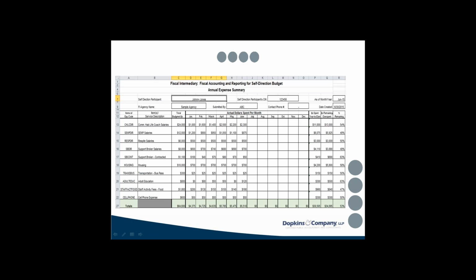Transbus is on line number 19 there, transportation bus pass. The total amount budgeted and allowed for Johnny Jones's bus pass for the year is $300. He gets a $25 a month bus pass, and if you do the math, that should come out to $300. 25 bucks each month, and we've got 6 months left, and we've got 150 bucks left. We seem to be on track here.